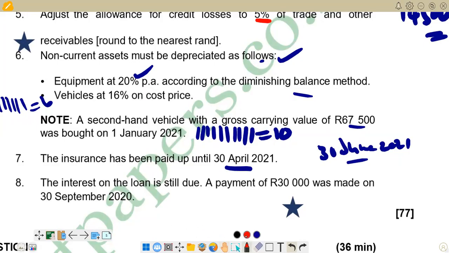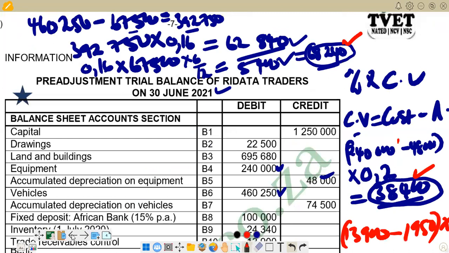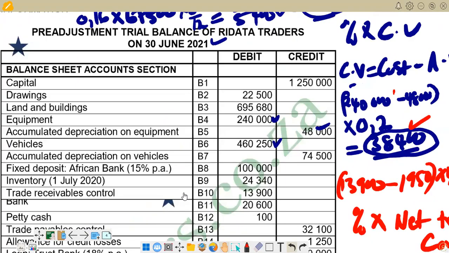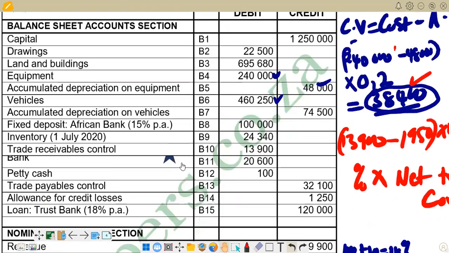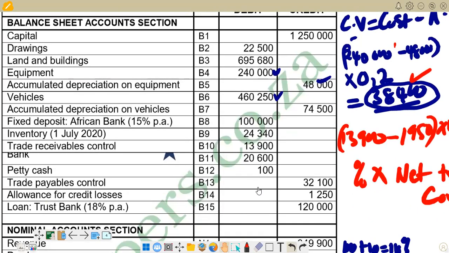loan and after. So let's start by going back and checking the amount that we have for loan. The amount that we have for loan there, we can check it there. Right, we have a loan from Trust Bank that we have 120,000.